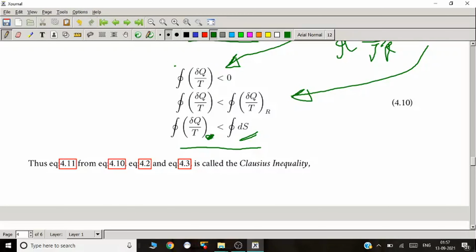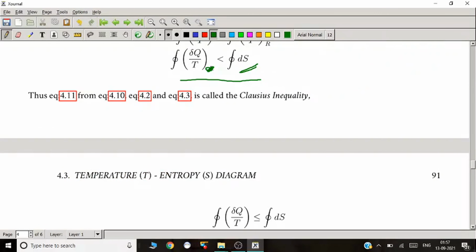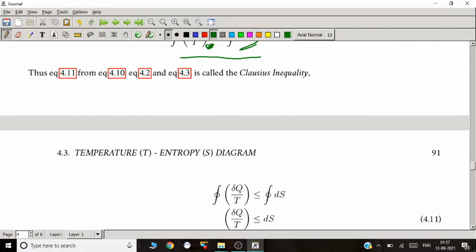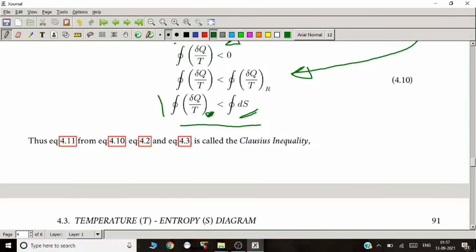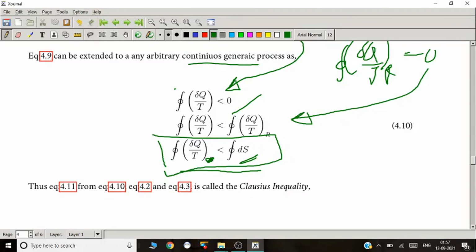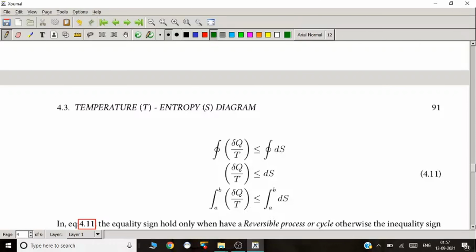We have two equations: the cyclic integral of delta Q by T is less than 0, and the cyclic integral of delta Q by T for a reversible process is equal to 0. We'll combine these and write that the cyclic integral of delta Q by T is less than or equal to the cyclic integral of ds, which is equal to 0.